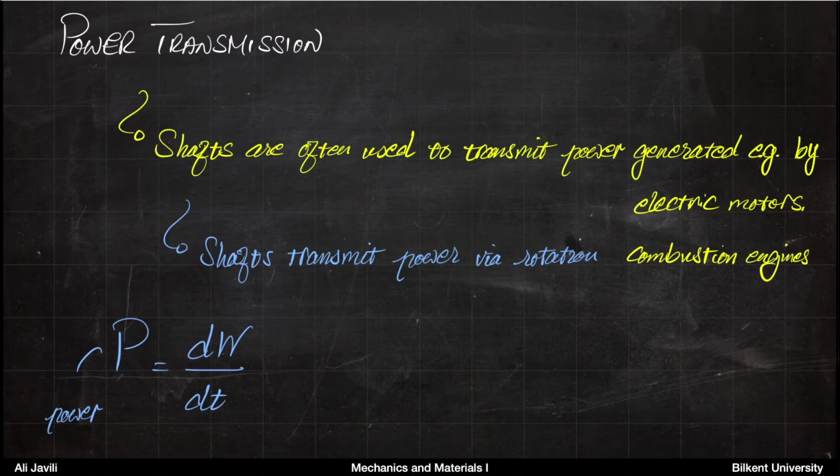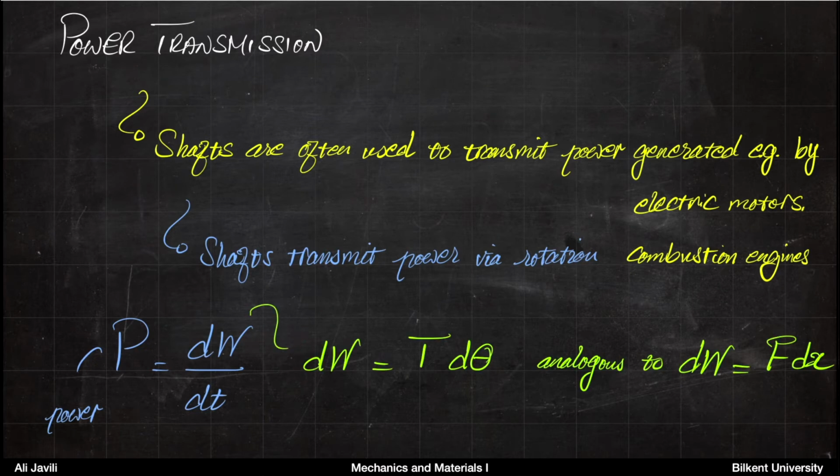In order to do that, all you have to do is to remember that shafts transmit power via rotation. And if you think of power P, that's the rate of work, so it's dW over dt. For a rotational problem, dW would be torque times d theta.